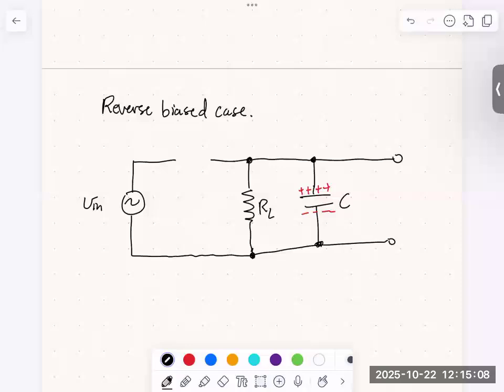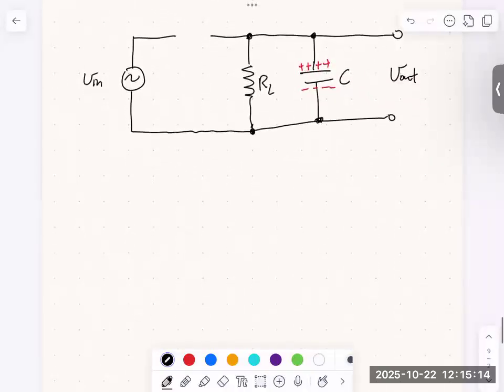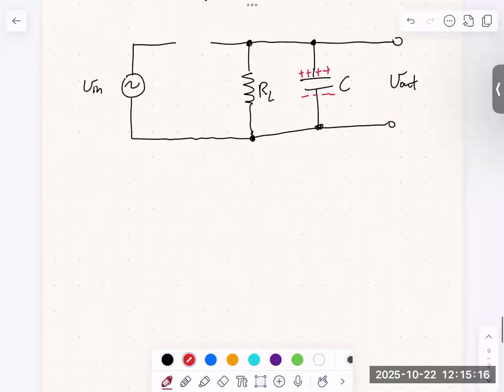And so now we get our V out here. So what will happen is this capacitor will discharge through the resistor RL. The V in is not really part of the circuit anymore because we have an open circuit.